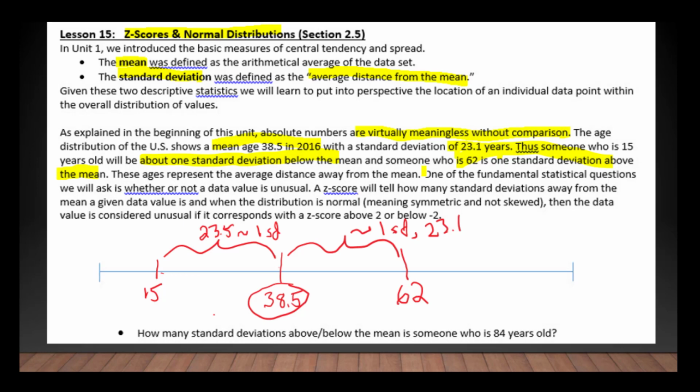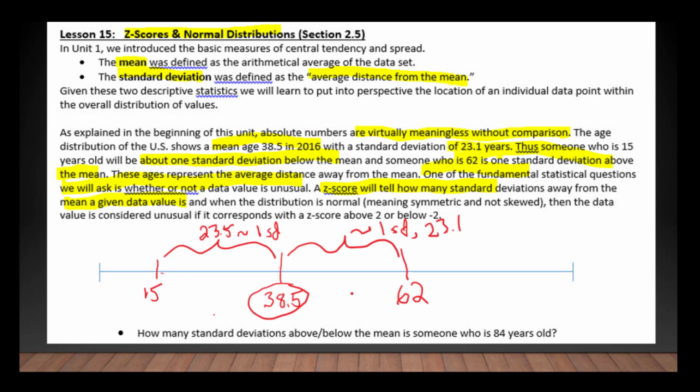So one of the fundamental statistical questions we ask is whether or not the data is unusual. A z-score tells us how many standard deviations away from the mean a given data value is. All right? So a z-score, and I want you to read, this is an important idea.